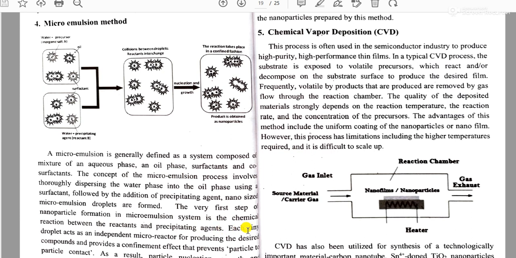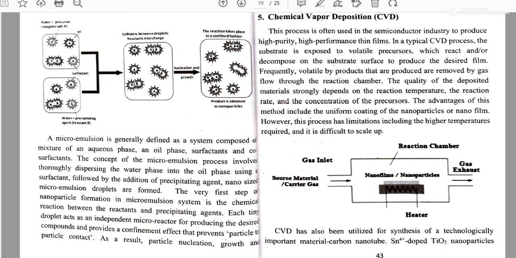Then each tiny droplet acts as an independent microreactor for producing the desired compound and provides a confinement effect that prevents particle to particle contact.